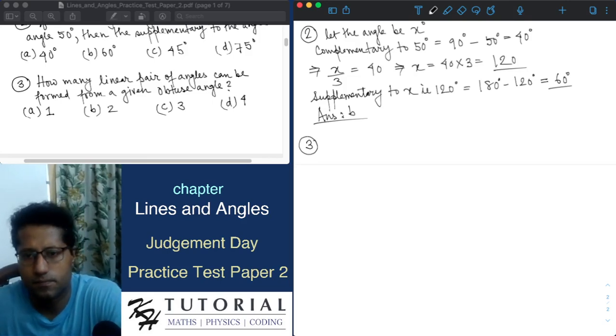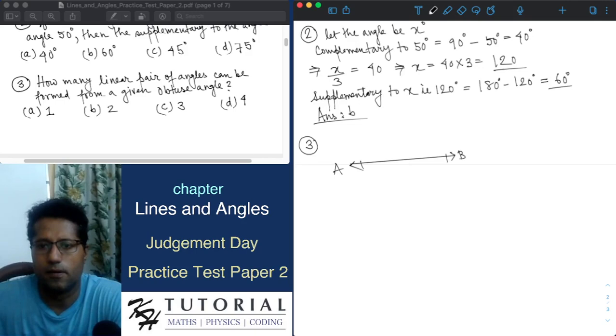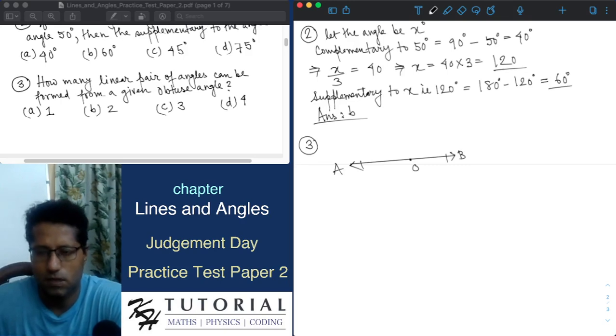Obtuse angle. We know that an obtuse angle is something like this. If we have a straight line AB, let's say, and we have a point O. So an obtuse angle is an angle which is greater than 90 degrees and less than 180 degrees.